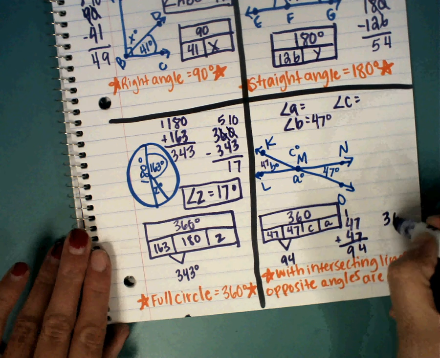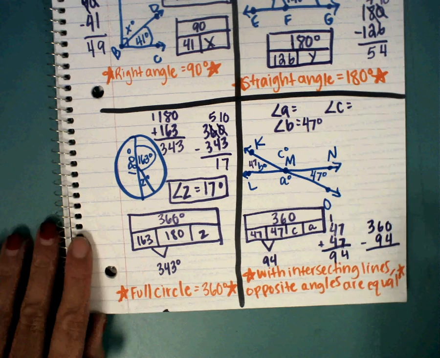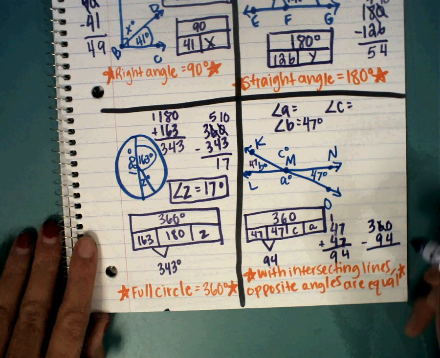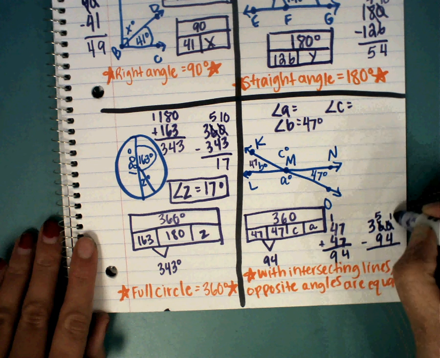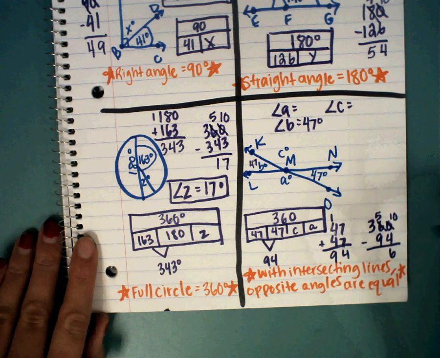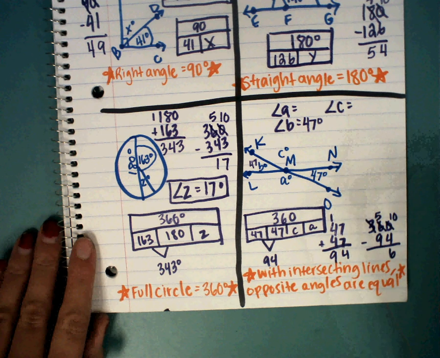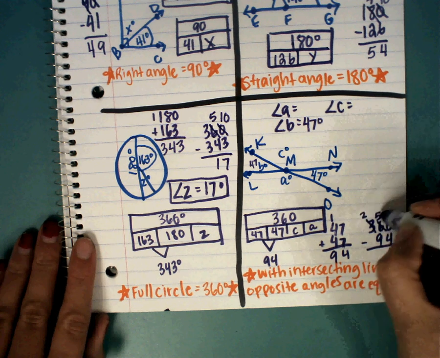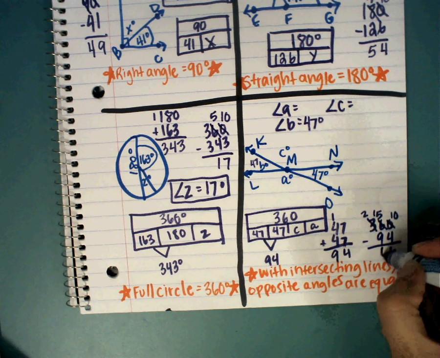And let's go ahead and subtract 360 minus 94. 0 minus 4, can't do it. Got to borrow from the 6. 6 becomes a 5, 0 becomes a 10. 10 minus 4 is 6. 5 minus 9, can't do it. Got to borrow from the 3. 3 becomes a 2, 5 becomes a 15. 15 minus 9 is 6.